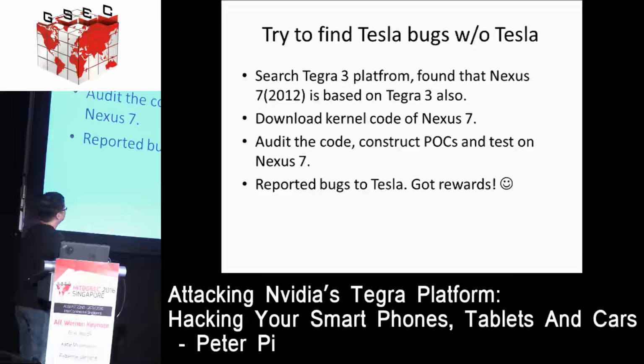So I searched the Tegra 3 platform and found that Nexus 7 is based on Tegra 3 also. So I downloaded the kernel source code of Nexus 7, audited the code, constructed a POC, and tested on Nexus 7. Then I reported these bugs to Tesla and got some rewards.